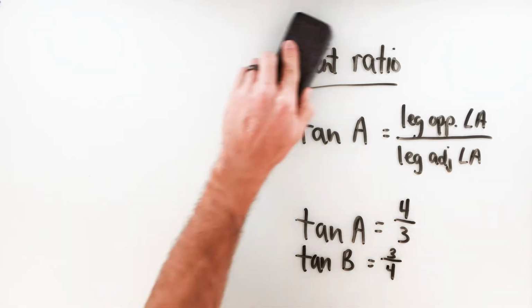Now I want you to think for a second, what kind of triangle would have an angle with a tangent ratio of 1? Or 1 over 1?